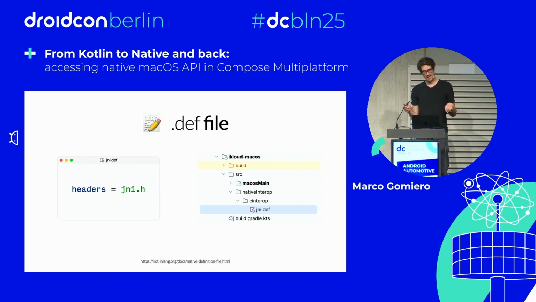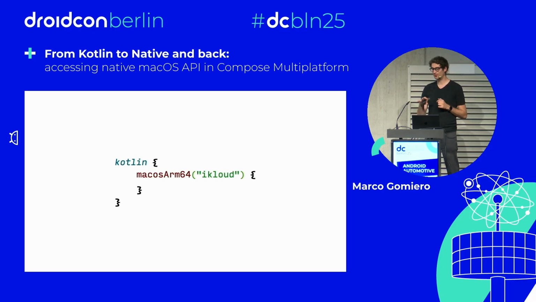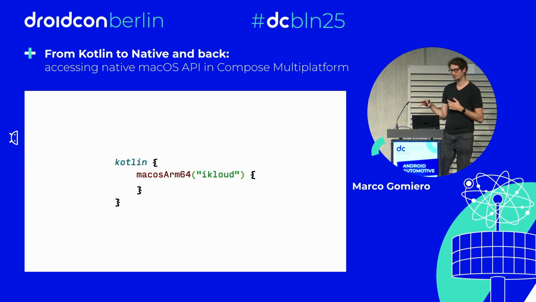Of course, it's not enough. You need some Gradle setup, because yeah, there's always some Gradle setup to do. And first of all, you need to tell Gradle which target you want. In this case, we are building for macOS and only for Apple Silicon, because yeah, Intel Macs are dead nowadays.